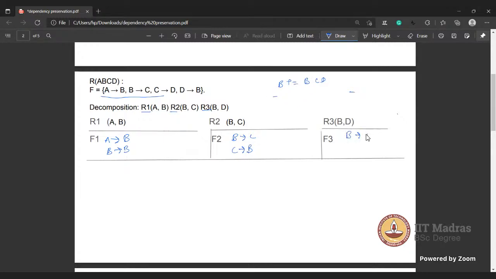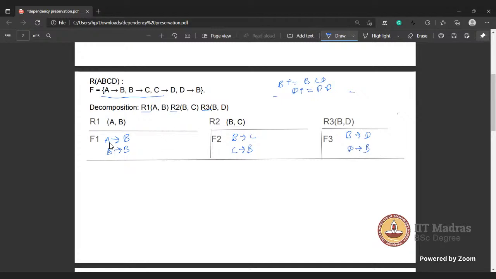Yes. Okay, and D closure? D, B. So D determines B.